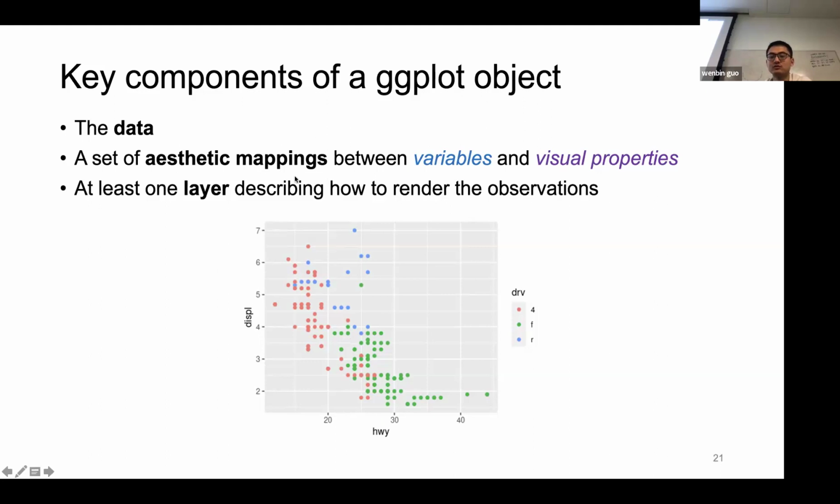So you define a mapping between the data variables and the visual properties. And then there is at least one layer describing how to render the observations. Here we plot them using single dots. This can be a geometry layer, which takes the original data and has the geometry as the basic elements.